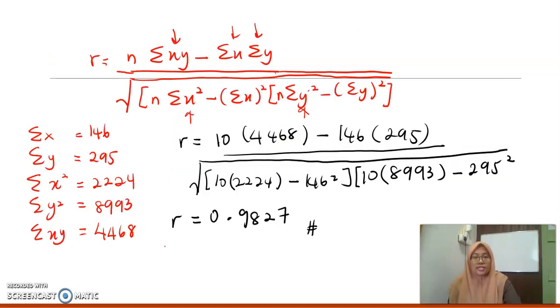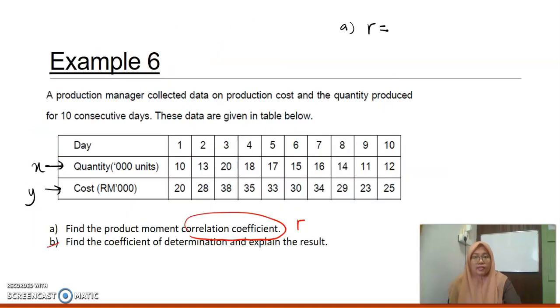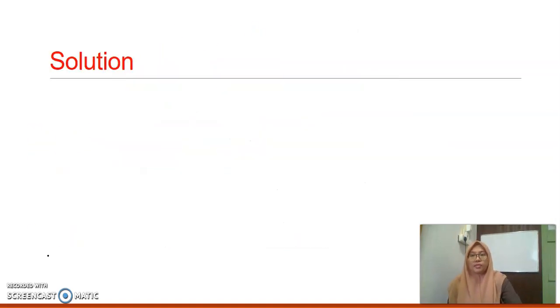Okay, the next step is to find the coefficient of determination for question B. The coefficient of determination is R square and the formula is just R power of 2. You square the value of the correlation coefficient.